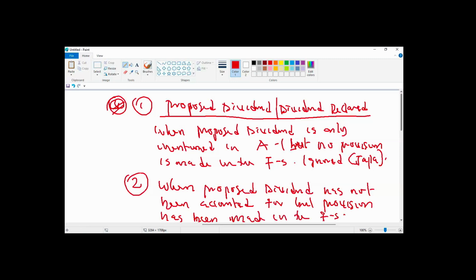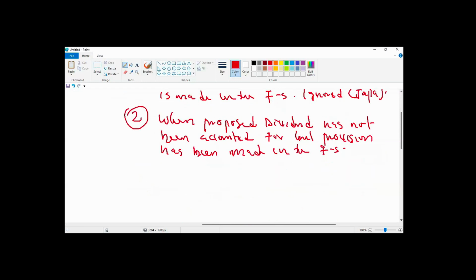They've made provision in the financial statements. When proposal has not been accounted for, but you go to the financial statement, just like this question, you see dividend. They've made provision.